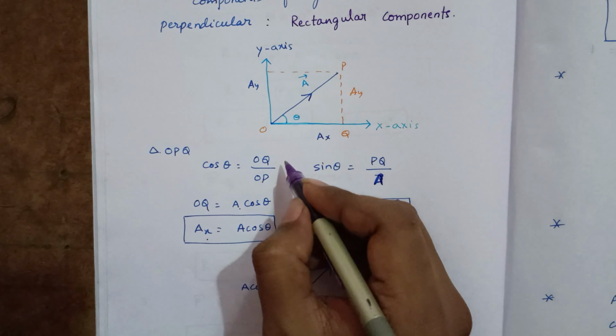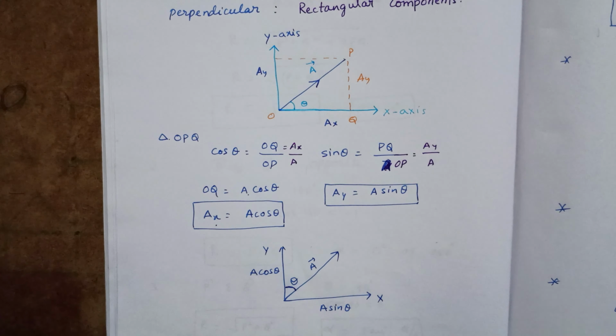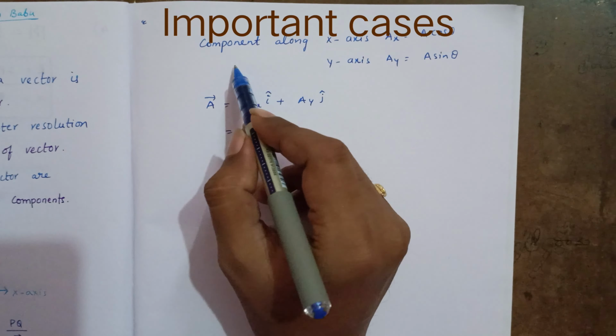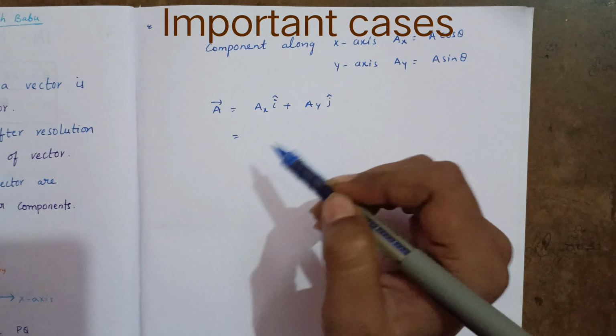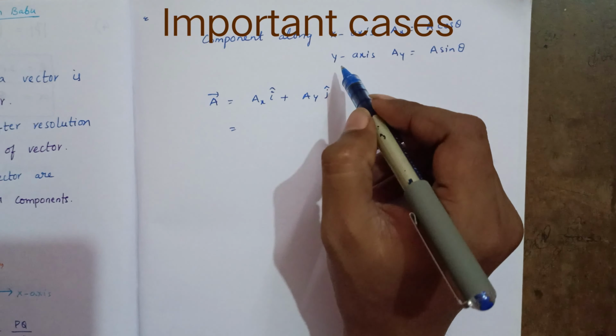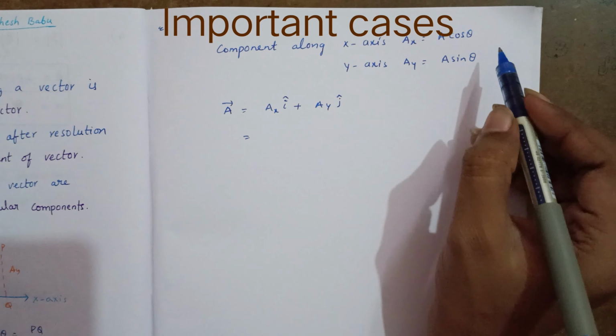AX equal to A cos theta, AY equal to A sin theta. And if the angle is changed, the components also change. Component along the x-axis AX equals A cos theta for the previous diagram, and along the y-axis A sin theta, as we got.